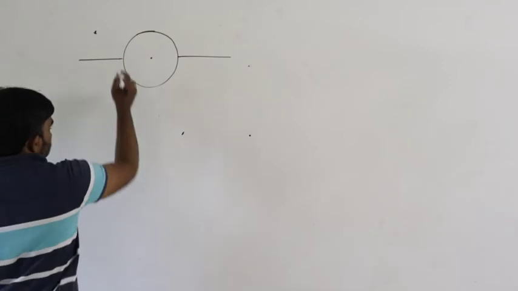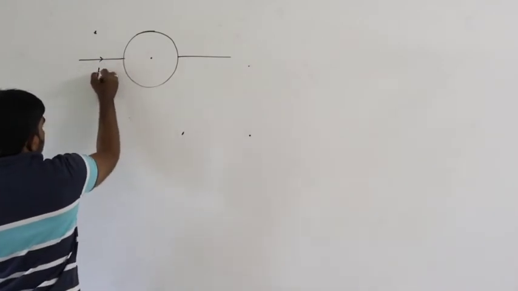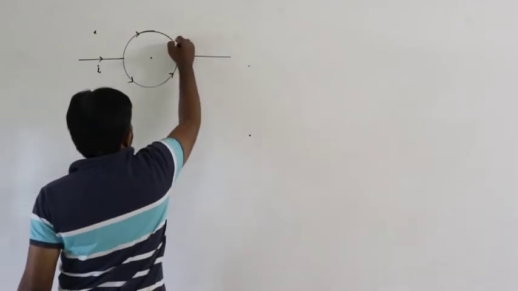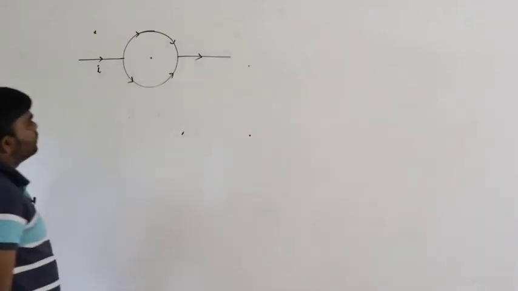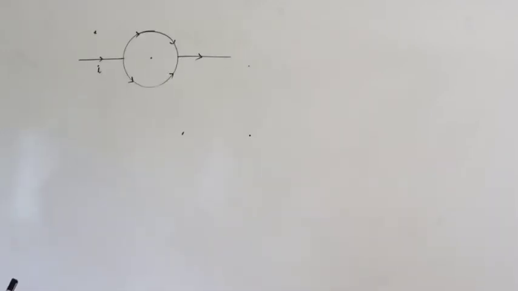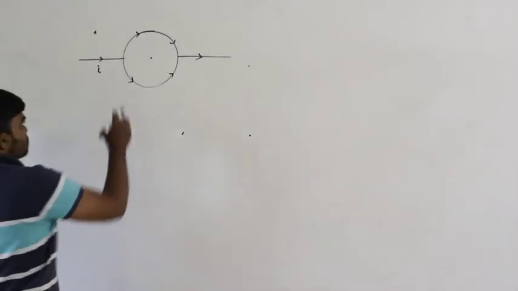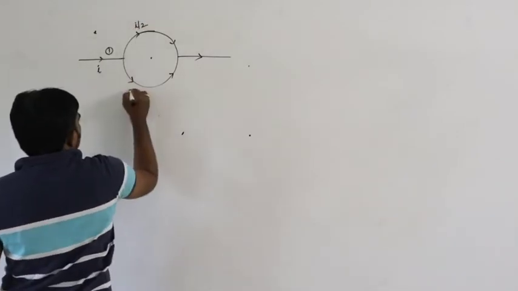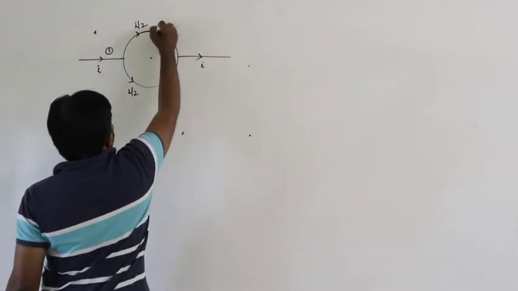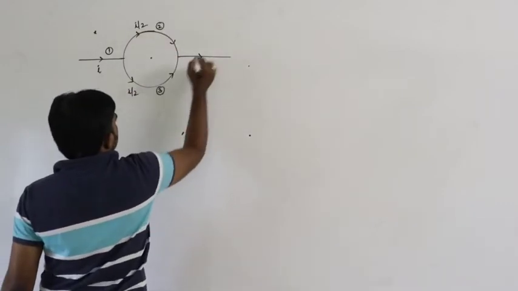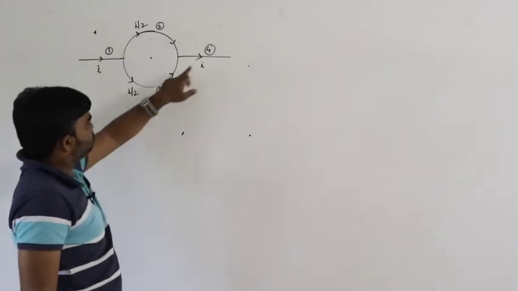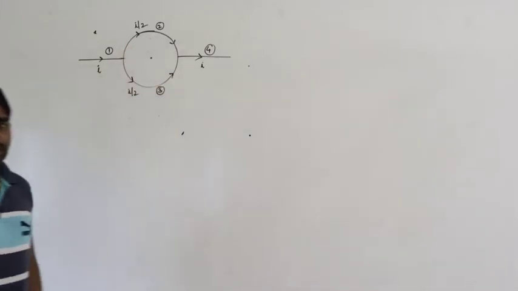The current I passes like this and it divides like this and again like this. What is the magnetic field due to this type of conductor at the center? Let us say this is the first one, this is I by 2 and this is also I by 2, and again it is I. This is the second one, this is the third one and this is the fourth one. So these are the four shapes of the conductors.